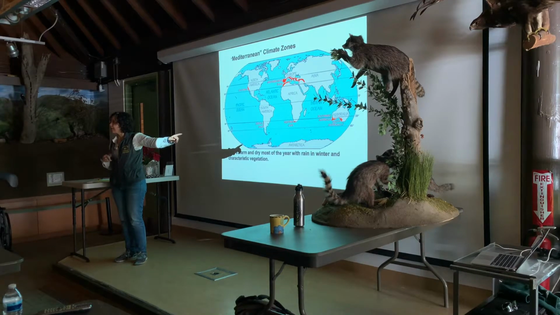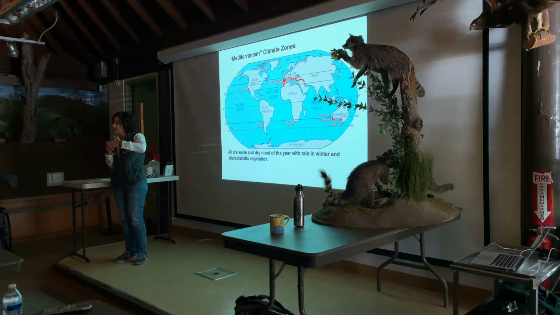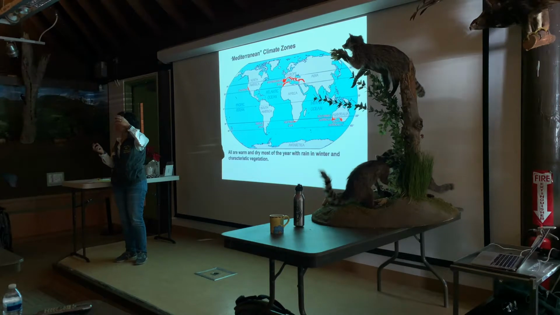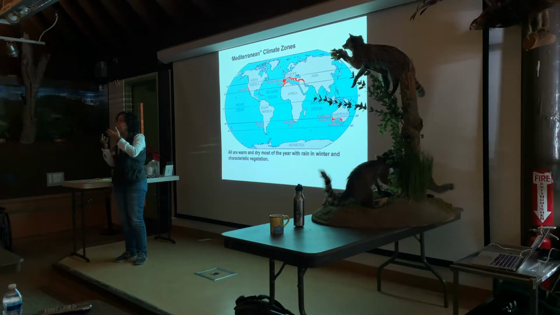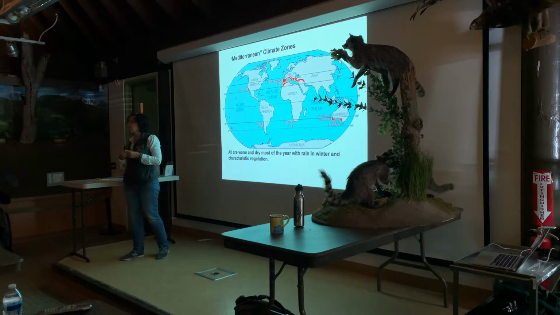Those things can survive here. They weren't here before, so they don't have a network of interactions. They don't have predators that eat them, so they can grow out of control because they're not in the network. They're not in balance, and that's how they become invasive. So actually, California poppies, which we have here, are invasive in Chile.